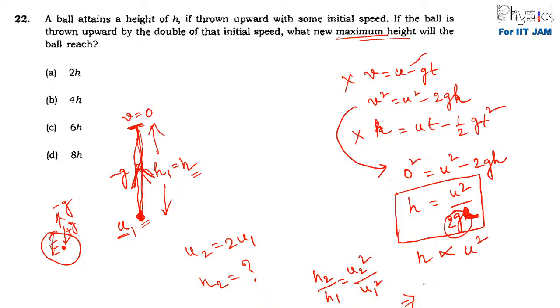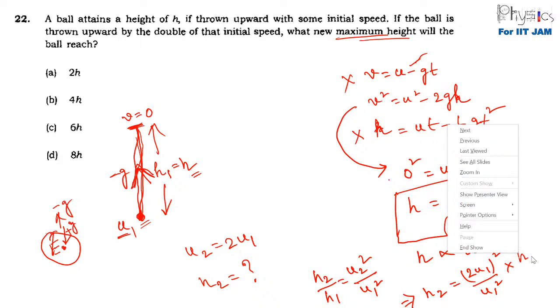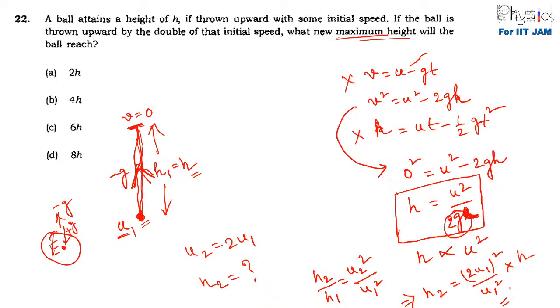That means H2 we don't know, so H2 equal U2 square, that means 2U1 square by U1 square times H1, that means H. So it is 4 times U1 square by U1 square, and U1 square cancels out, and we get 4H.